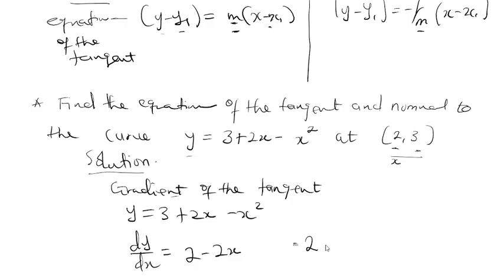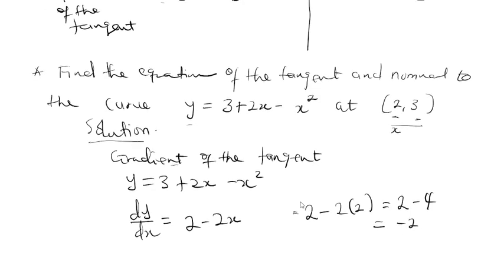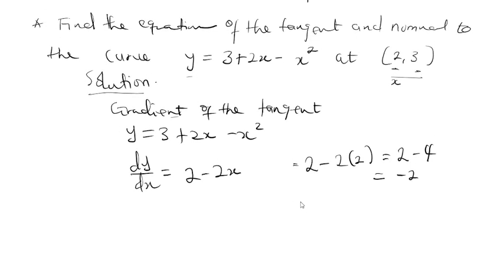So we have 2 minus 2 times 2. And this is going to give us 2 minus 4, of which we are going to get negative 2. All right. That is the gradient of the tangent, which is negative 2. Now, we are to find the equation.